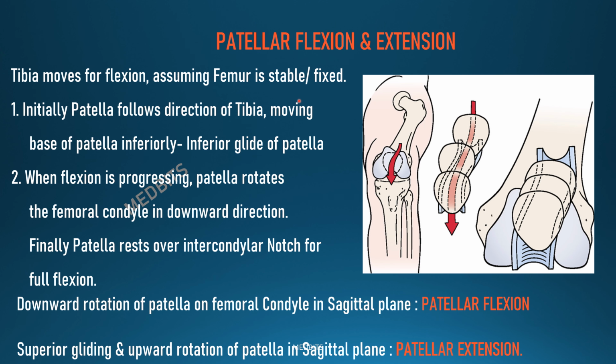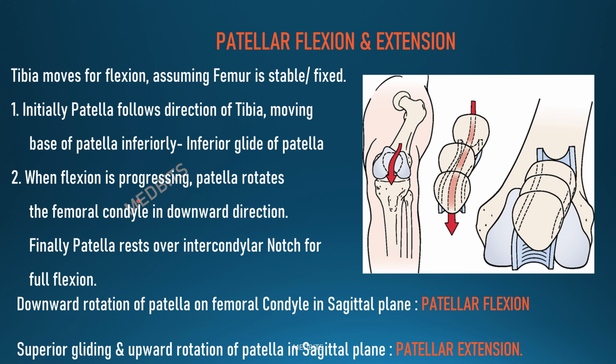Now coming to the next slide. Patella flexion and extension. As I have mentioned before, the patellofemoral joint is an incongruent joint, so it is going to be interesting to talk about it in this topic. The tibia moves for flexion, assuming the femur is stable or fixed. So let's say inferior glide of the patella. Initially, the patella follows the direction of the tibia, moving the base of the patella inferiorly.